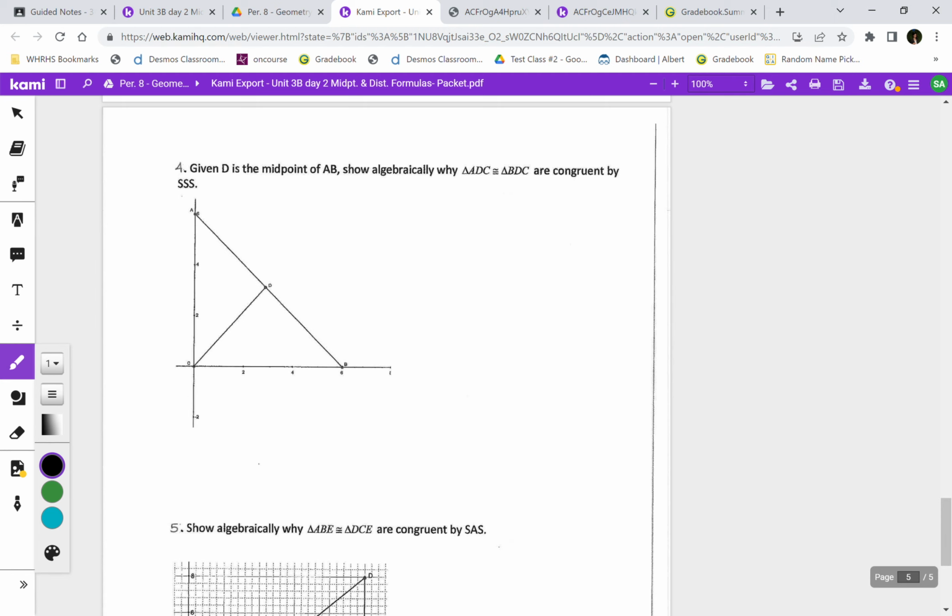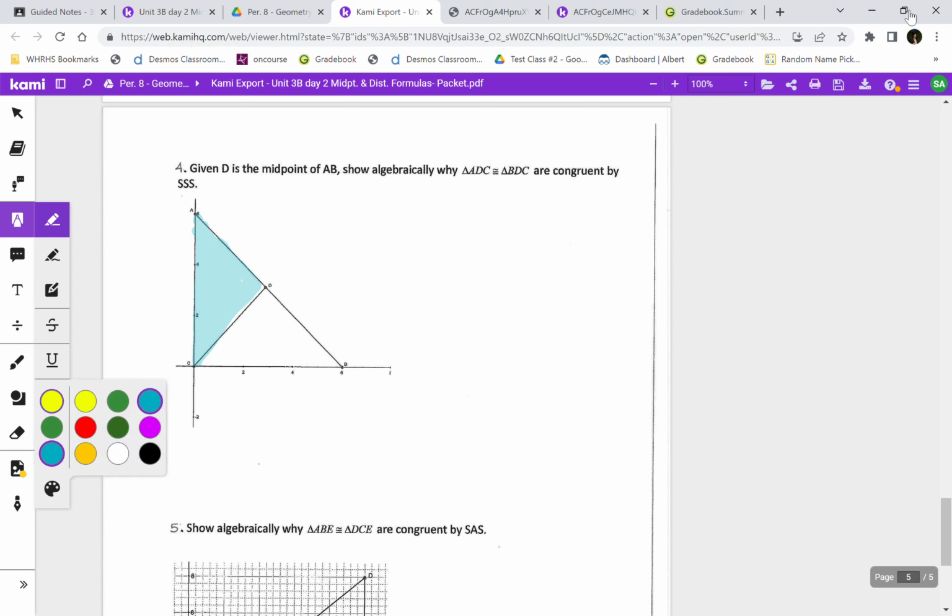All right, so if we're showing this algebraically, we want to prove triangle ADC, that's this triangle right here, is congruent to triangle BDC, which is this triangle right here. And we want to show them congruent by side, side, side.